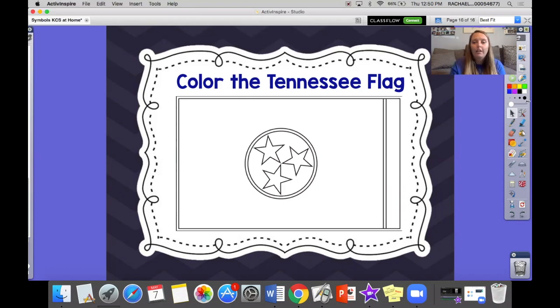And we know that on the Tennessee flag, this is all red. This circle itself is white. The stars are white. And then around the stars is blue. And then there's also this blue stripe right here.